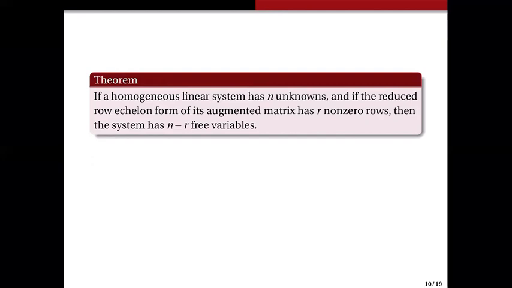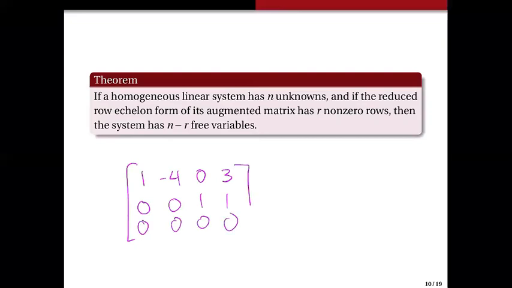Example. Let us look at that matrix from the previous example. Let us remove the first column. So we have 1, 4, 0, 3. And then here 0, 0, 1, 1. And then 0, 0, 0, 0. Okay?